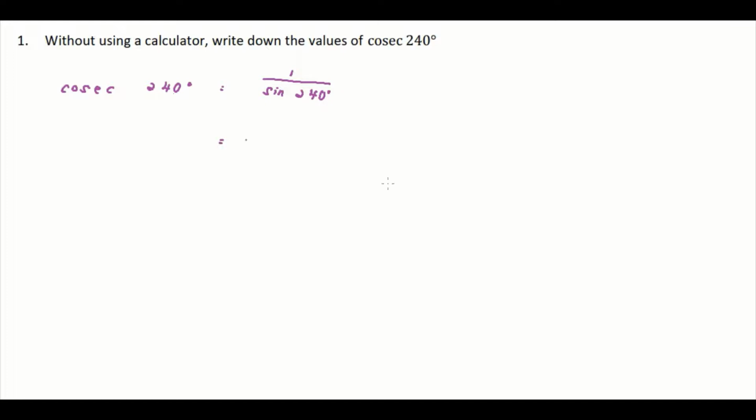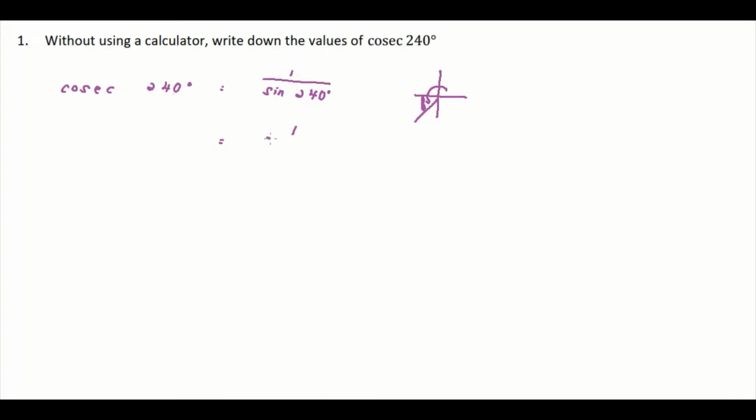Then try to use the knowledge that you have learned previously. So 240 will give you maybe up to here. So what is the reference angle? It will be 240 minus 180, right? Then this is the third quadrant. So ASTC, at this point it will give you a negative.